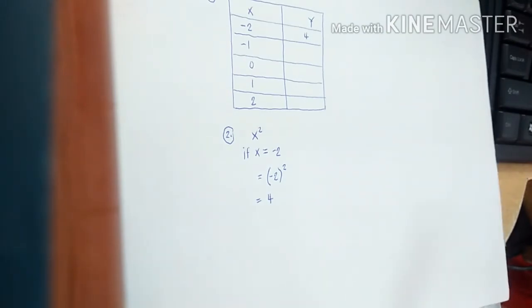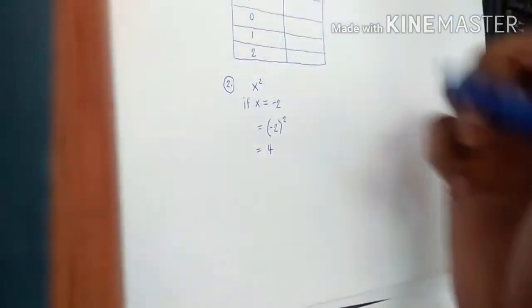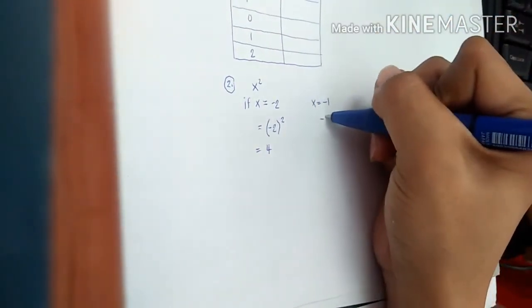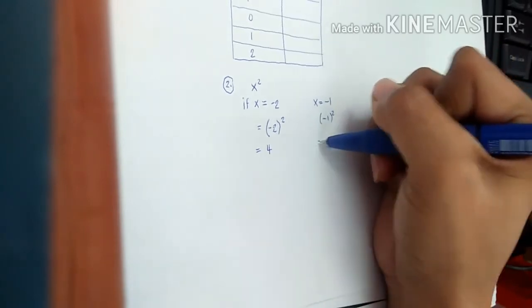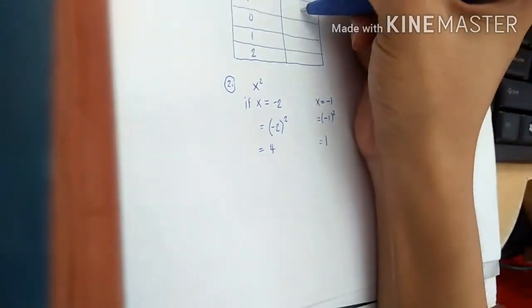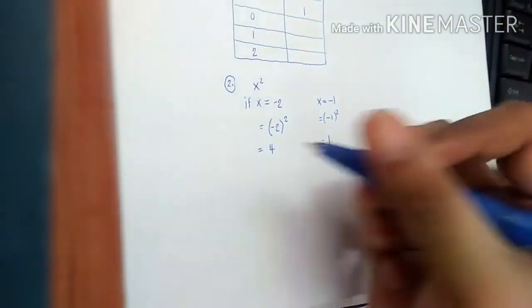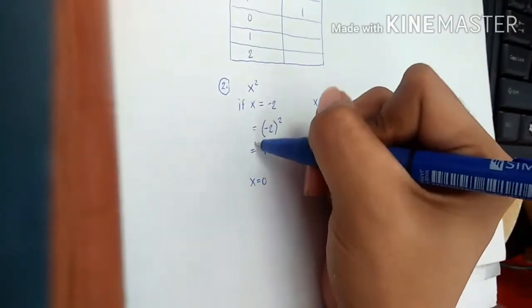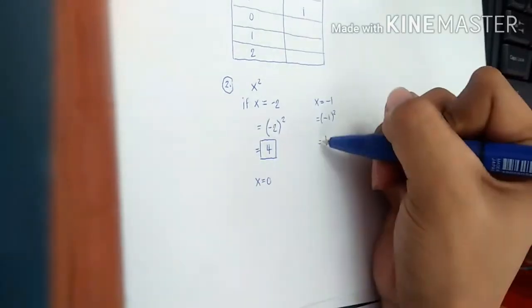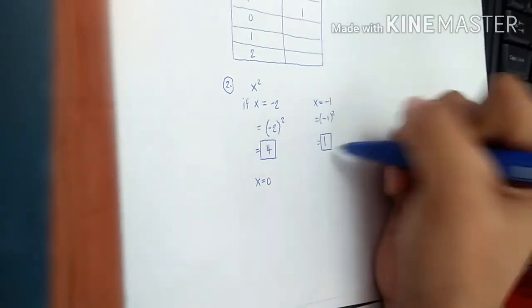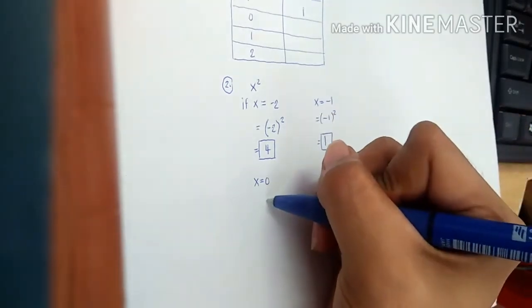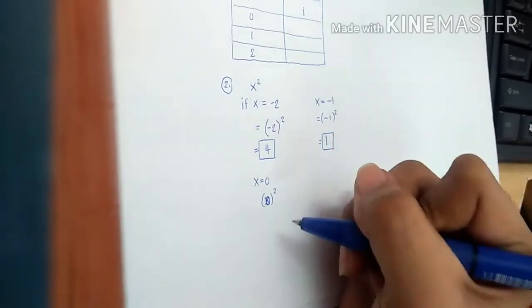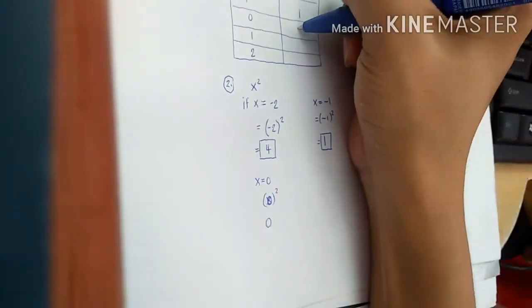Got it? Next, x is equal to negative 1. Negative 1 squared, the answer will be 1. If x is equal to 0, 0 squared is 0 still, so 0.